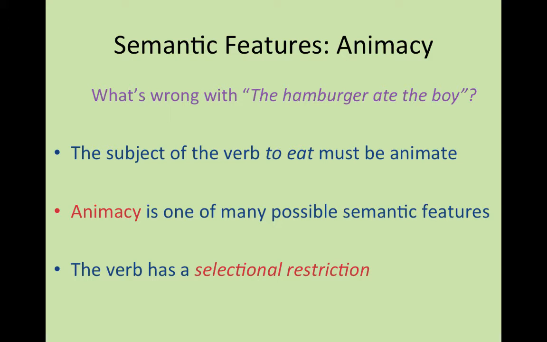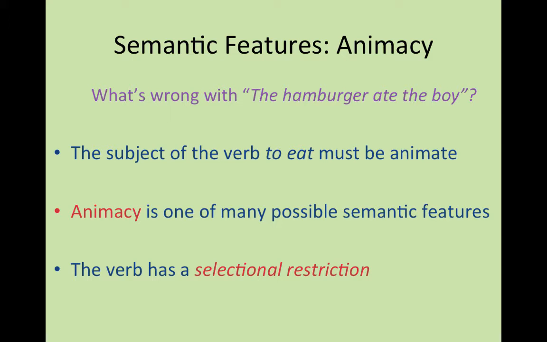The terminology that we use to describe this need for a verb like to eat to take an animate subject is that that verb has a selectional restriction. The verb to eat selects for arguments of that verb which have the property of animacy.